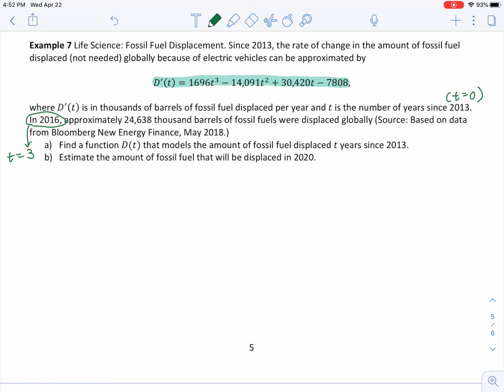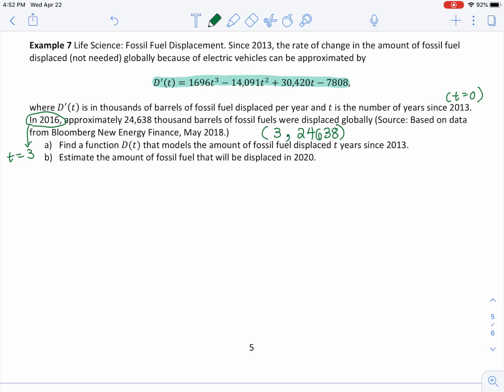So in 2016, if you have 2016, t is going to be 3, because 2016 is 3 years from 2013. Approximately 24,638,000 barrels of fossil fuels were displaced globally. Sources based on data from Bloomberg New Energy Finance, May 2018.